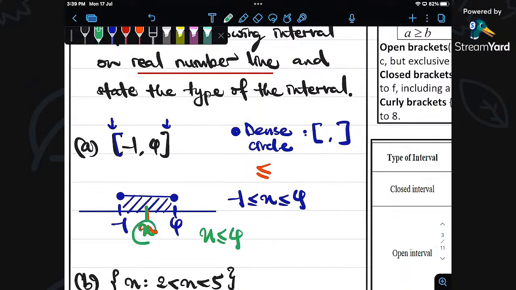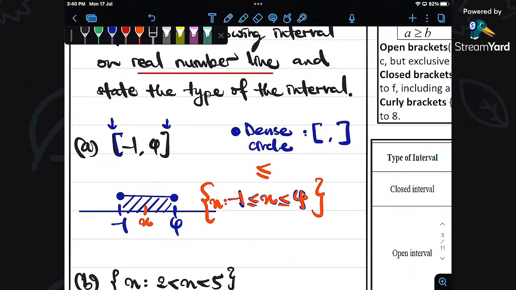Of course, it is smaller than 4 because it is in the middle. So x in the middle here can be bigger than -1 and smaller than 4. This is how we write in a different kind of notation.